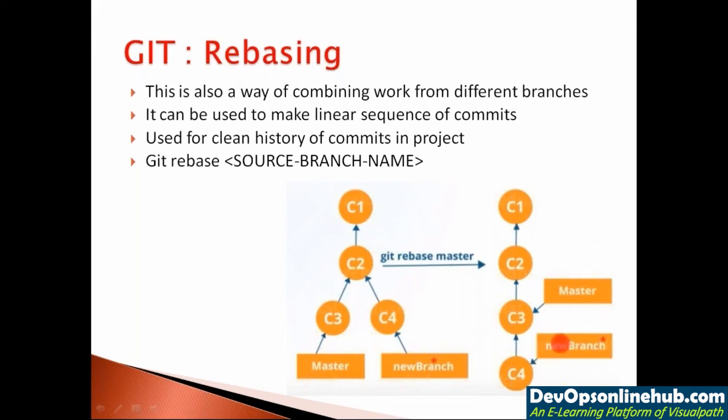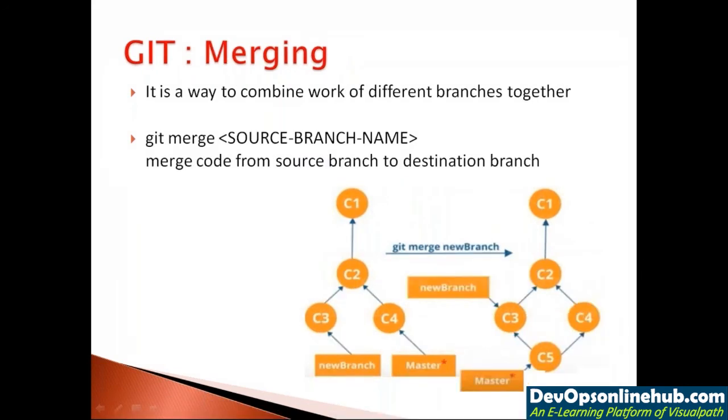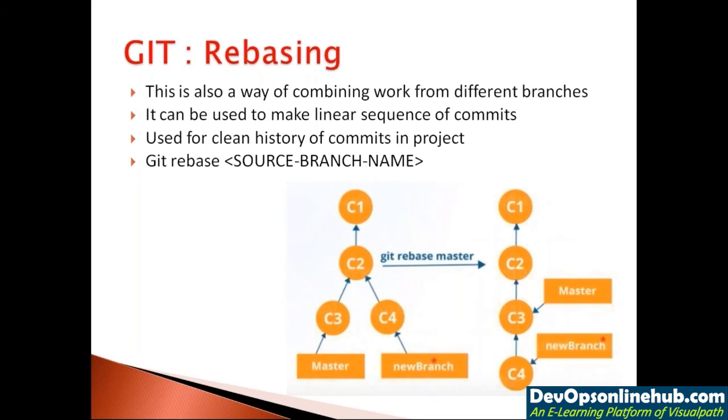You can use rebasing for two purposes, like a clean history of the commits, with no mess or chaos of commits. Here we have a non-linear structure of commits, but using rebasing you can achieve a linear sequence of commits, and you can have a clear history of commits.